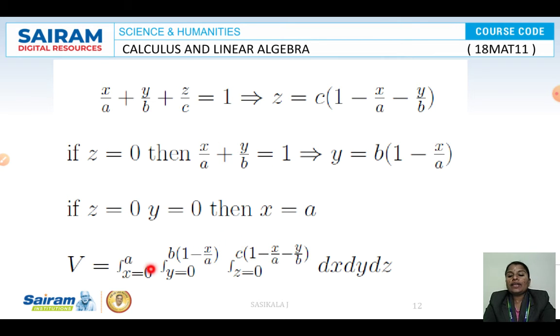Now volume V is the integration where x varies from 0 to a, y varies from 0 to b of 1 minus x by a, and z varies from 0 to c of 1 minus x by a minus y by b.